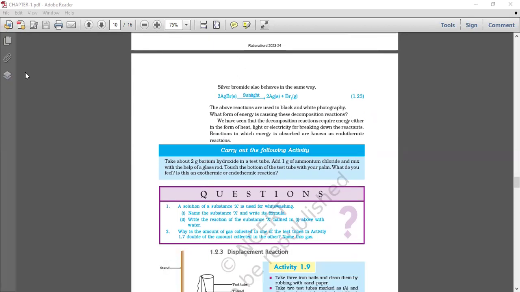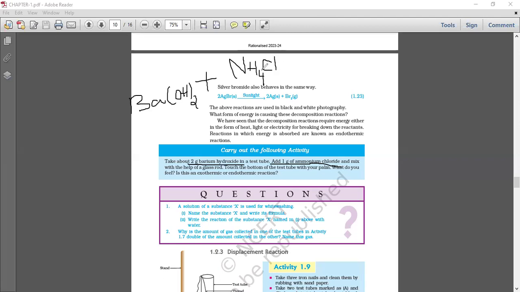Take 2 grams of barium hydroxide. The formula of barium hydroxide is Ba(OH)2. Then add 1 gram of ammonium chloride, NH4Cl. I am writing the chemical equation here.